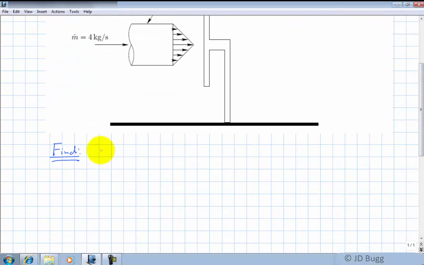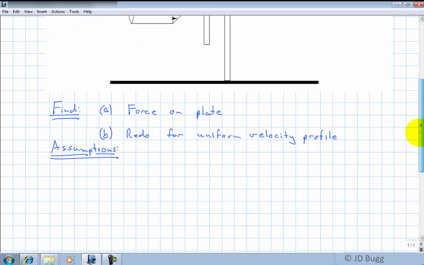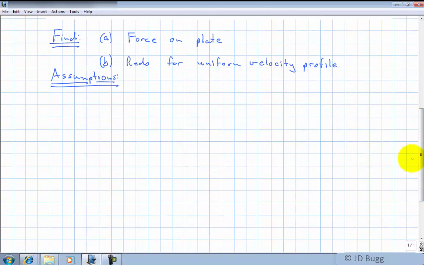Okay, so part A, we find the force on the plate, and in part B, we redo for uniform velocity profile. So that's what we're after. Assumptions. Again, we'll leave that blank and fill it in as we go.